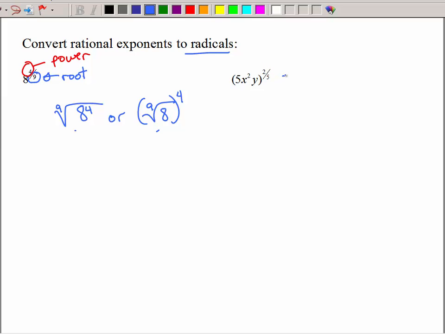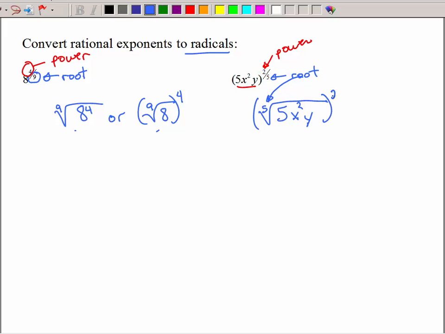Let's do it again. So the bottom number is the root. The top number is the power. So that all stays together. I have 5x squared y inside my radical. I need to take my root, goes right here, so that's the fifth root, and I need it squared.